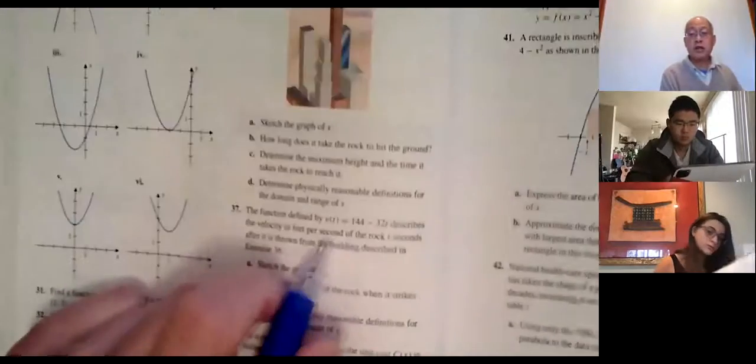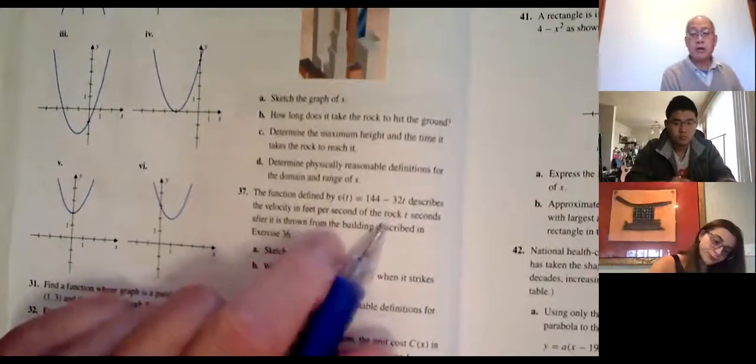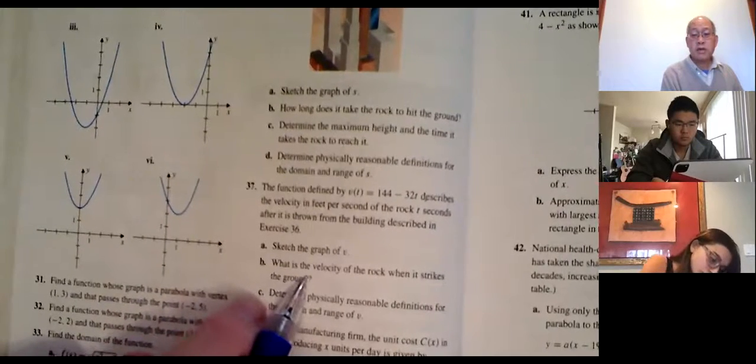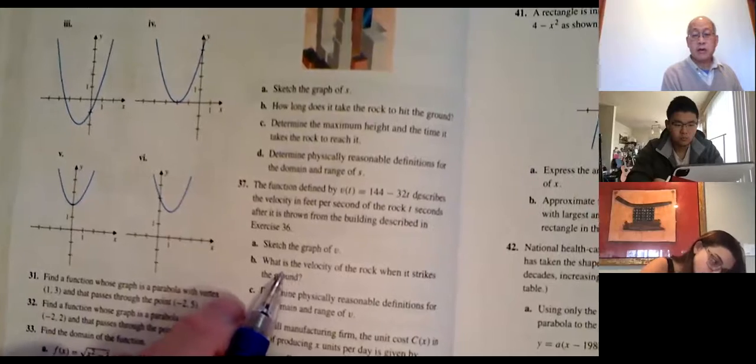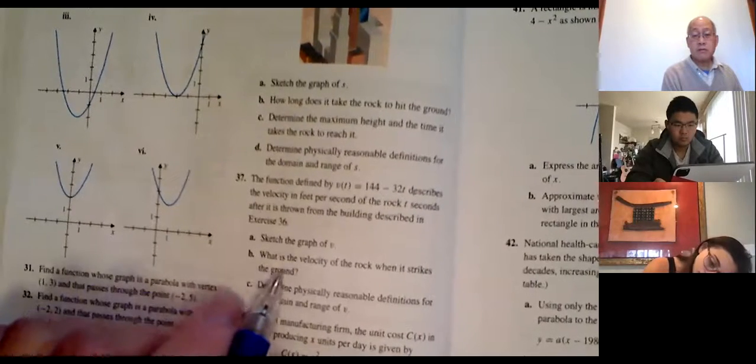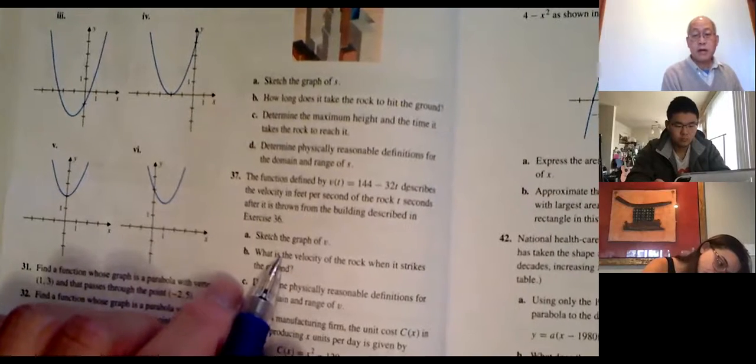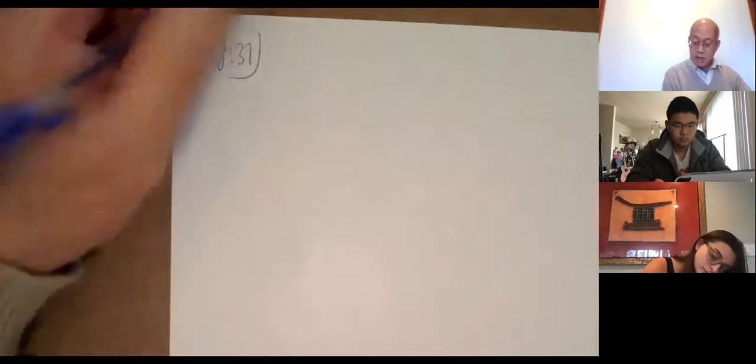You have a velocity function, 144 minus 32t. What's the velocity when it strikes the ground? Okay, so sketch the graph of v.